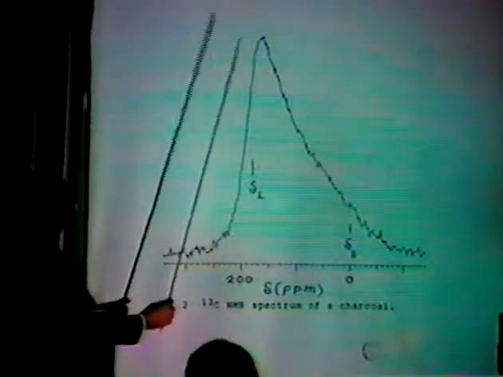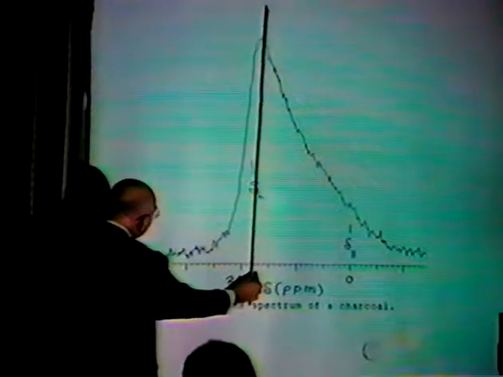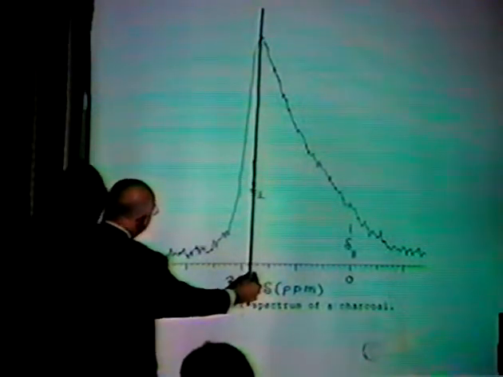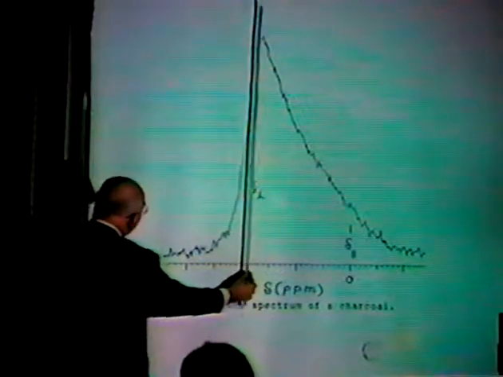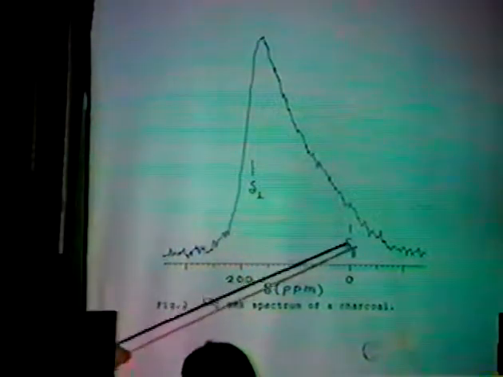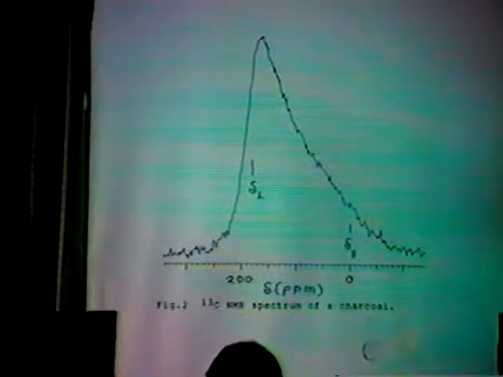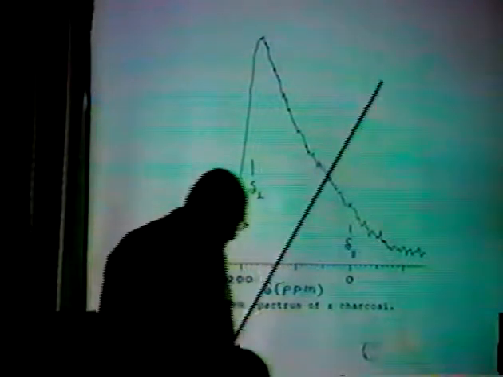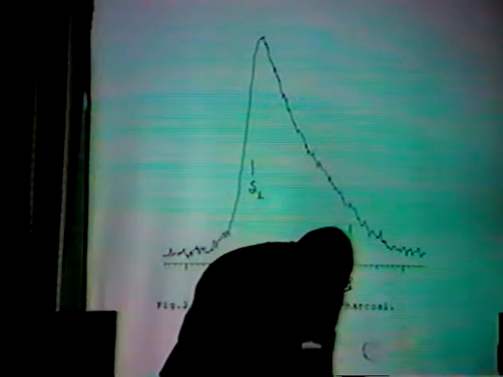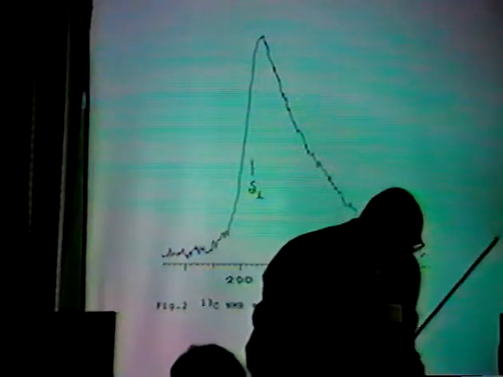This end of the spectrum corresponds to the magnetic field lying in the plane of the graphite, and there's a greater probability of having that orientation than having the unique orientation with the magnetic field parallel to the C-axis, the normal to the plane. So that's the kind of spectrum called an axial powder pattern that you expect.